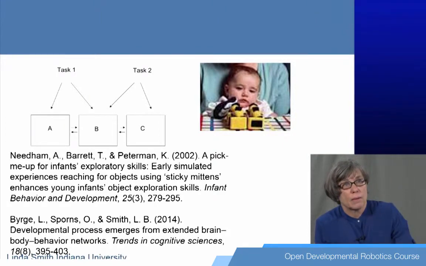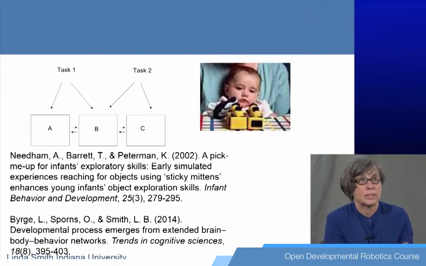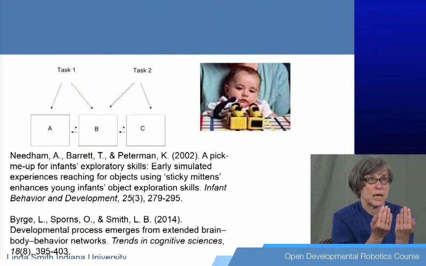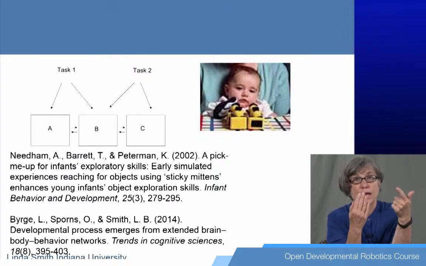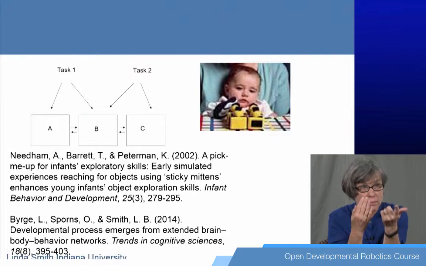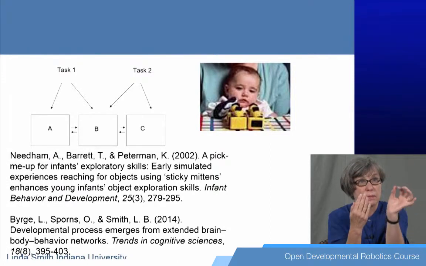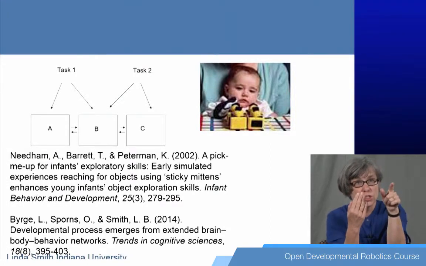The little diagram I've drawn up there gives a way to think computationally about how it happened. Let's say you couple two systems, A and B, in one task: eyes and hands and grabbing an object. But then in some other task, you need to couple eyes and mouth, or eyes and audition. Well, you've already changed the B, the vision one in the middle. So by coupling A and B and solving some task, you've actually tuned up B a little bit for task one.